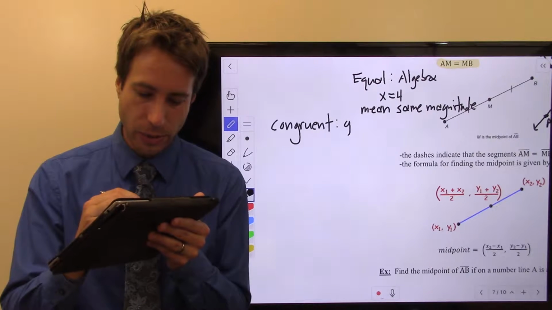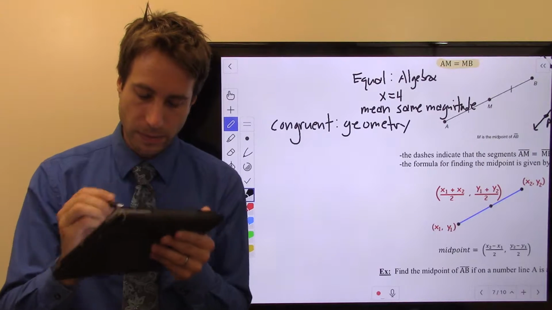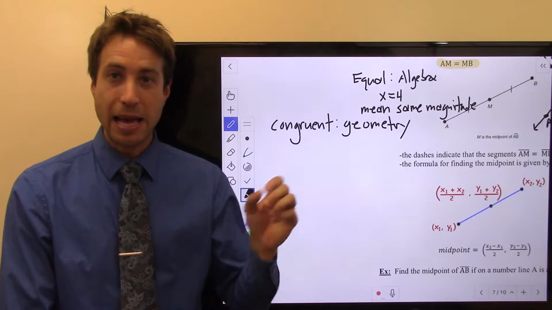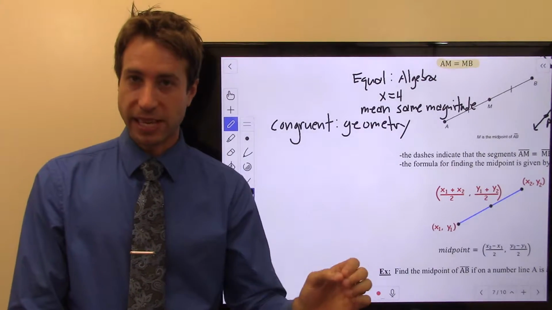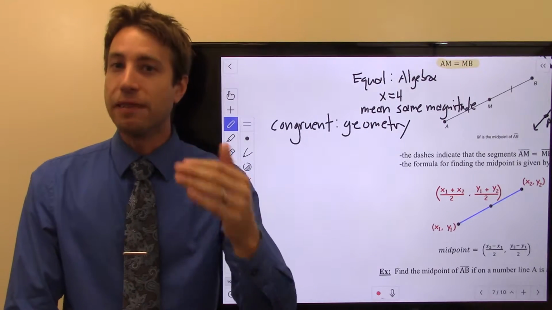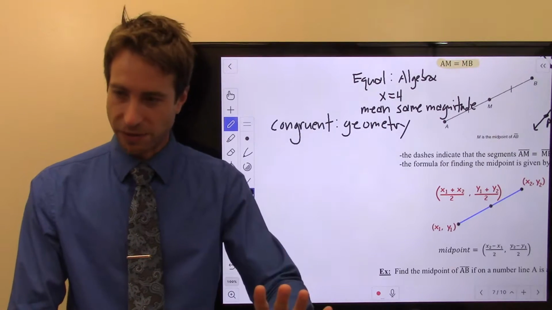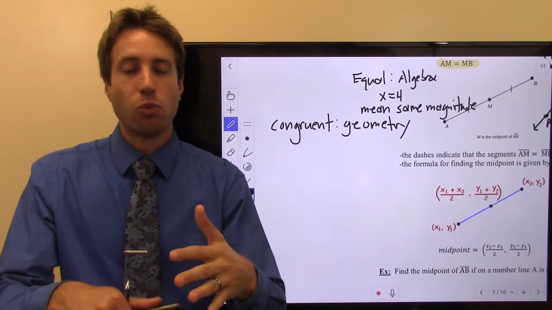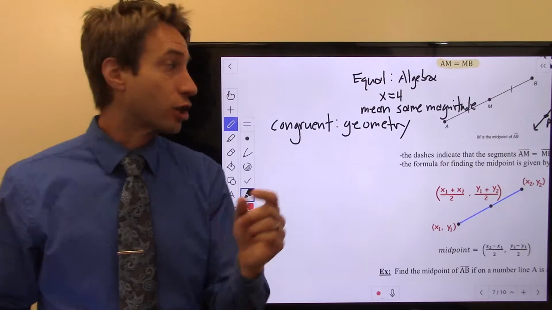Congruent is the term that we will use in geometry, and we use it because it does not mean the same thing as equal. For now, if you use them interchangeably, that's fine. But eventually, you'll understand that they do not mean the same thing.